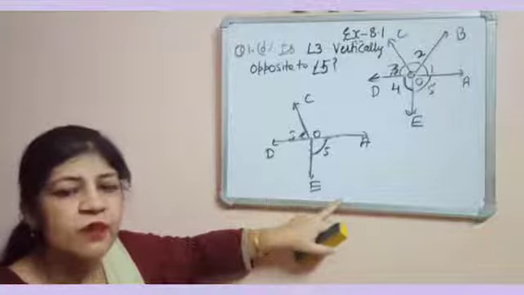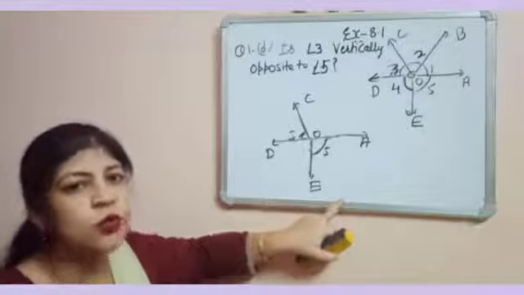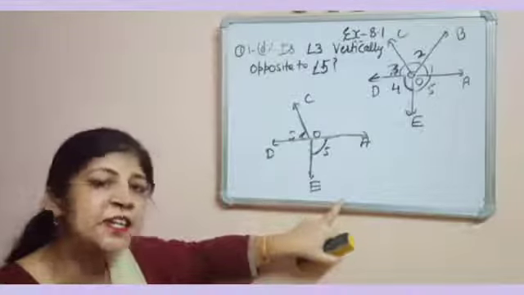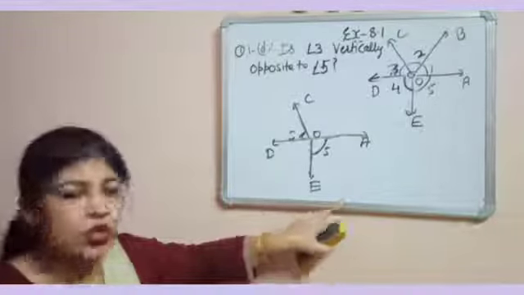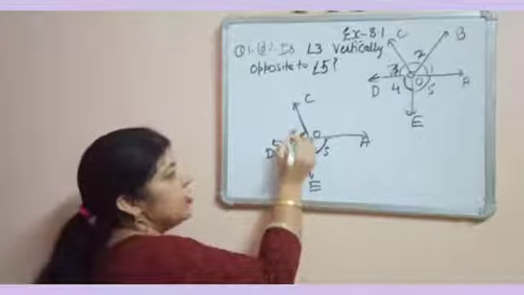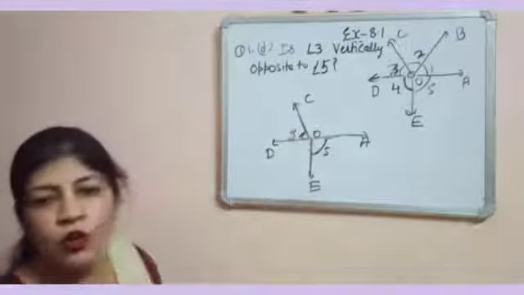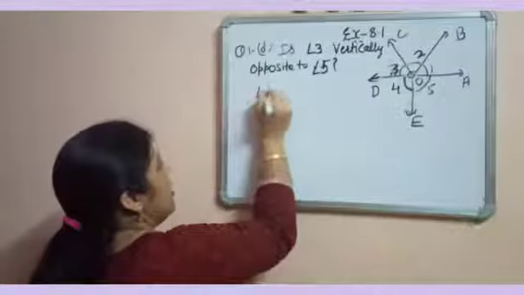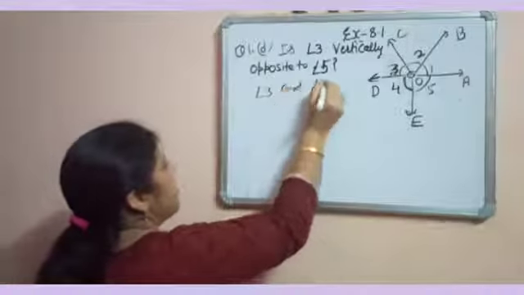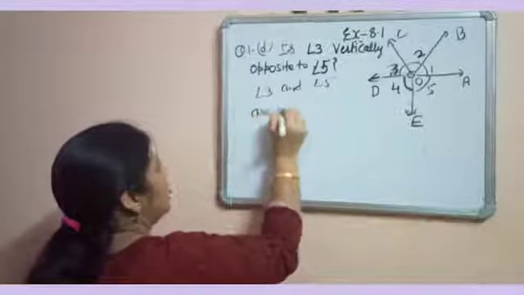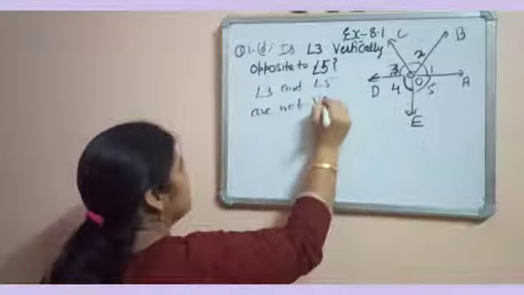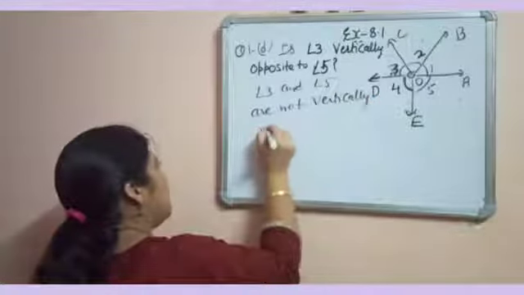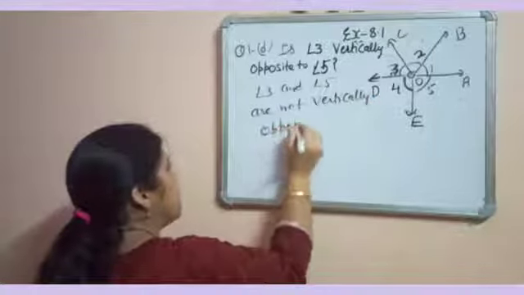The word intersecting we use for two lines, and the vertically opposite angles are formed by intersecting lines. So that's why angle 3 and 5 are not vertically opposite angles.